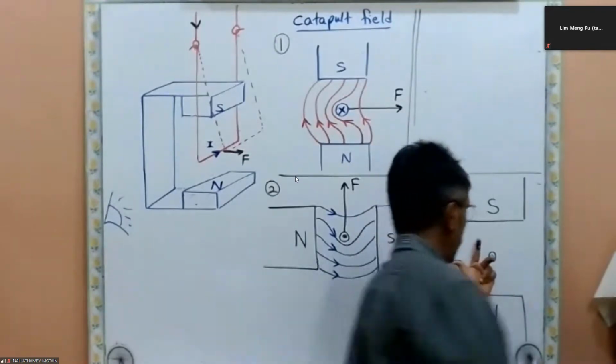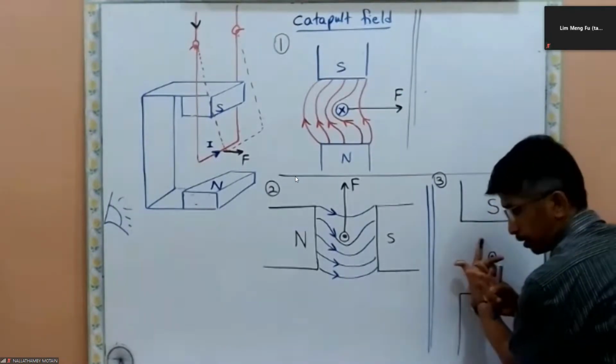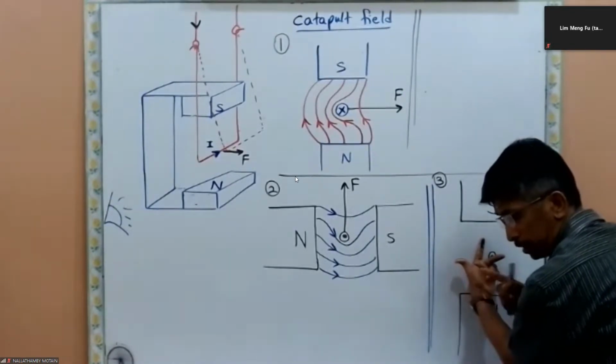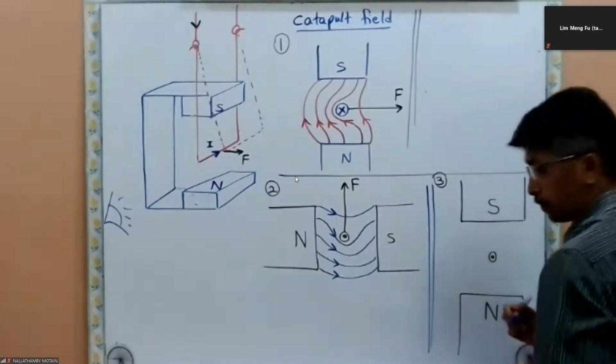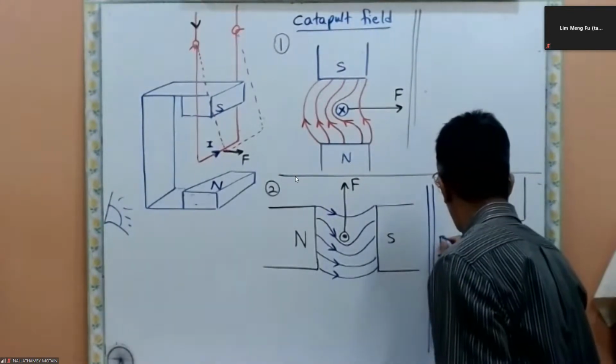Your thumb points where? To the left. So we draw the force acting to the left and label it F.